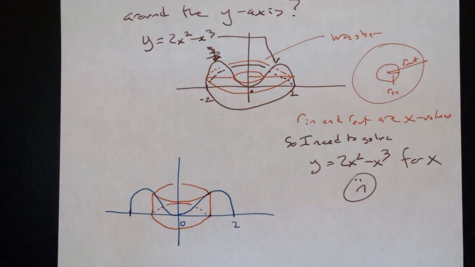I'm going to get a shape like that. This vertical line moves in a circle around the y-axis, yes?